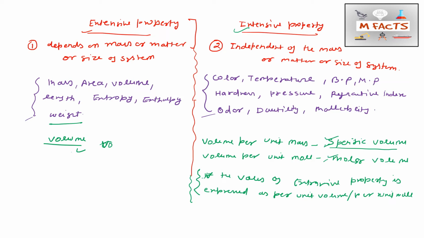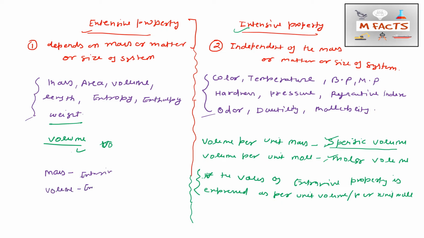Suppose they are talking about specific heat capacity. This is an intensive property, because we know that specific heat capacity is independent of the mass. And one more thing we can write about intensive properties is the ratio of two extensive properties. Suppose mass is an extensive property, and volume is also an extensive property.